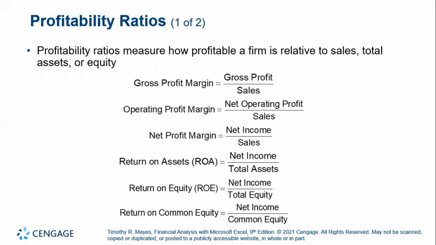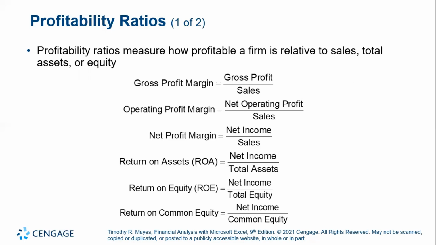Profitability ratios measure how profitable a firm is relative to sales, total assets, or equity. Gross profit margin equals gross profit divided by sales. Operating profit margin equals net operating profit divided by sales.